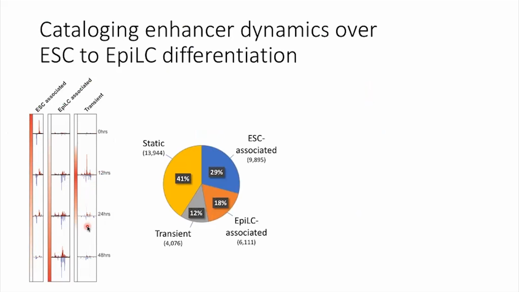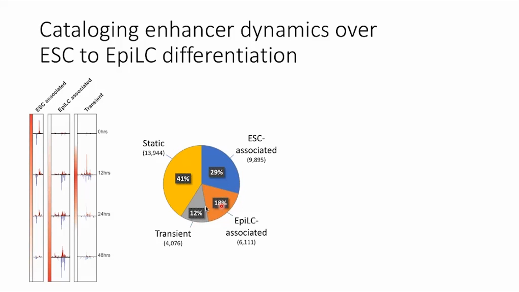An overwhelming 59% of the detected putative enhancers are differentially active during differentiation by GRO-seq reads, despite relatively minor steady state gene expression changes, which I'll talk about a little bit later. Of those, 30% are newly established in the EpiLC state, shown here.